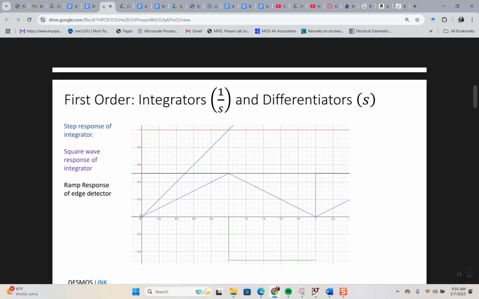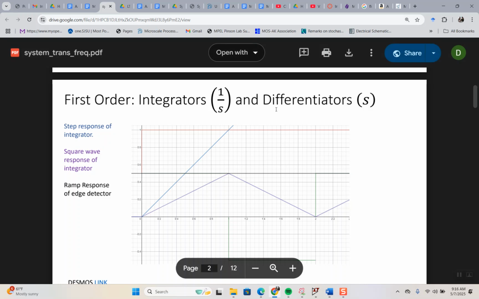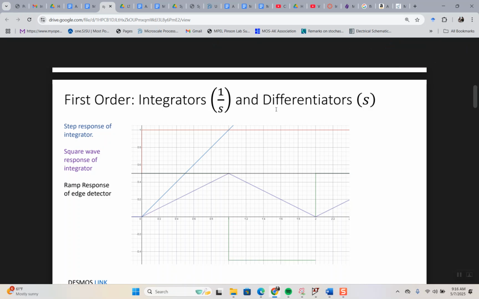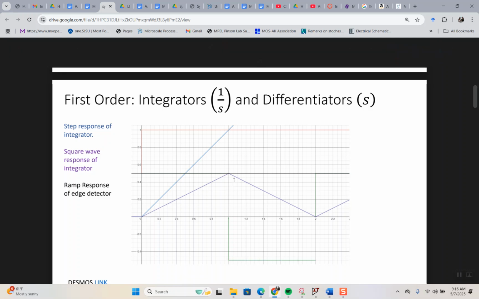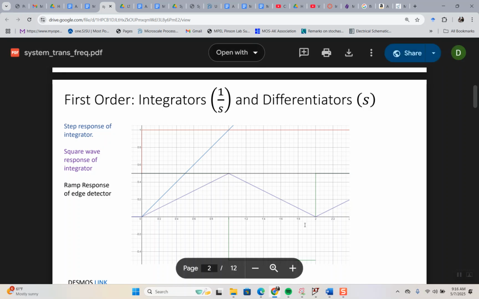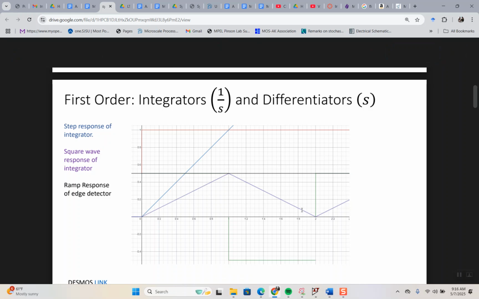And the differentiator S takes the difference of anything. So we have a square wave, and you can see I'm taking the derivative. No, that's not right. I have a square wave, and I'm integrating up, and then it goes negative, and I'm integrating down.